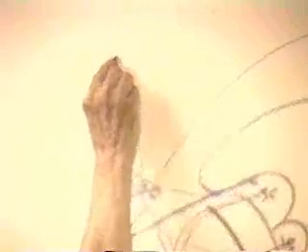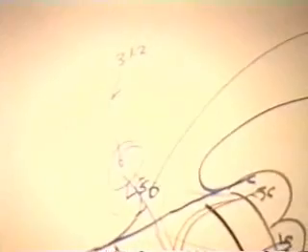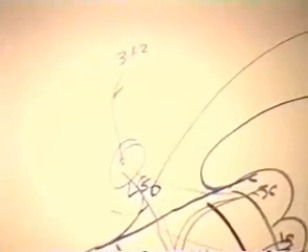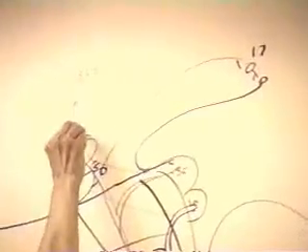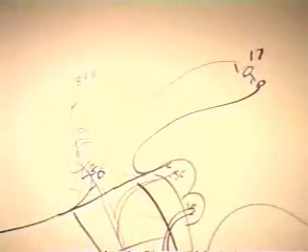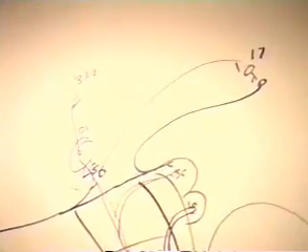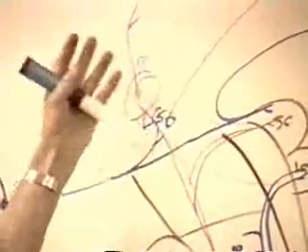Up to sensory cortex, 3, 1, and 2. This, of course, just to be complete, visual, 17. And the nucleus of the thalamus that receives all this is posterior central. So we have the conscious system, which we'll come back to later on when we get to the forebrain, but just to sketch it in there.